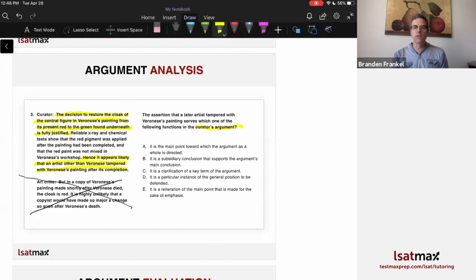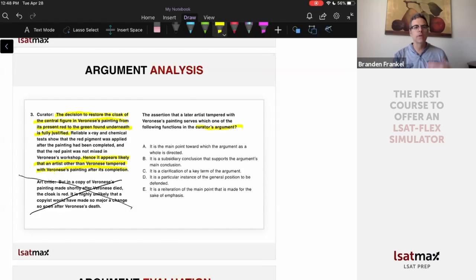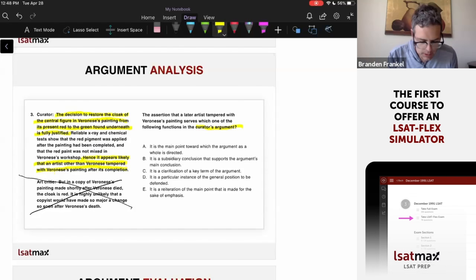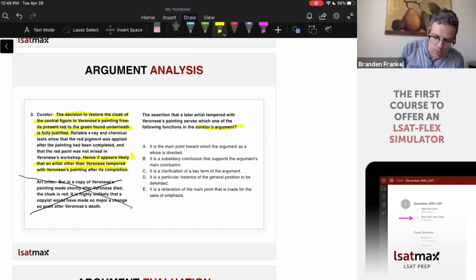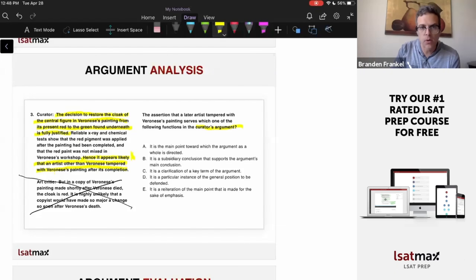So even though the statement we are being asked about is a conclusion, it is actually not the main conclusion. And if you look at that, it provides support for the main conclusion. And here is how this argument works. I think there's a premise. Then there is the statement we are being asked about, which is an intermediate, and I'm giving away the right answer now, or a subsidiary conclusion, which supports the main conclusion.